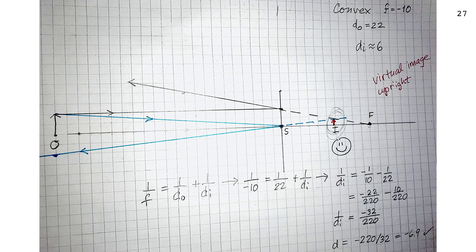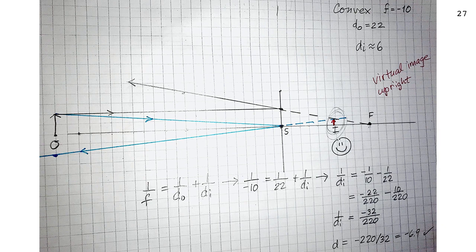All right, now for this one, if you have a convex mirror, the focal point is behind the mirror. So if it's the same size sphere, you would write it as -10.